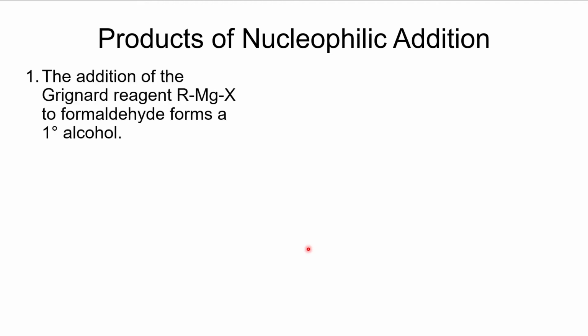So our products of nucleophilic addition with either an organolithium reagent or a Grignard reagent is going to depend on what the identity of the carbonyl compound was to begin with. If we start with formaldehyde as our carbonyl compound, then our product is going to be a primary alcohol.